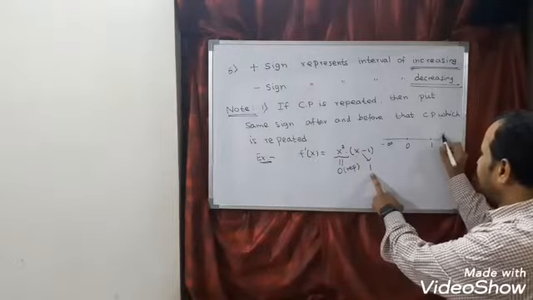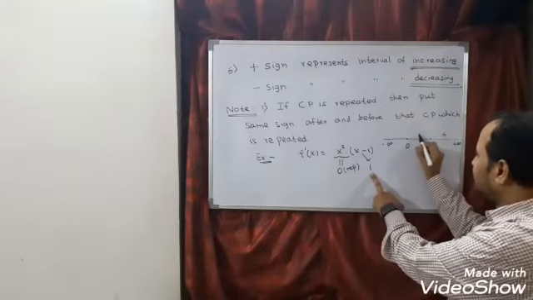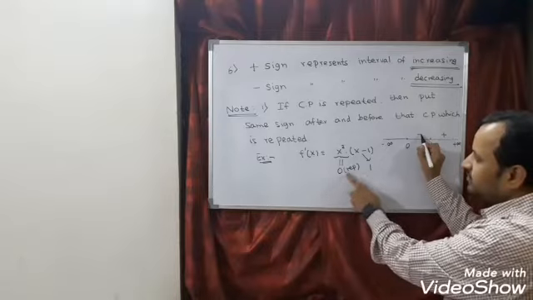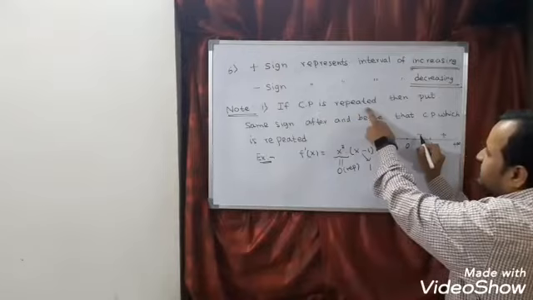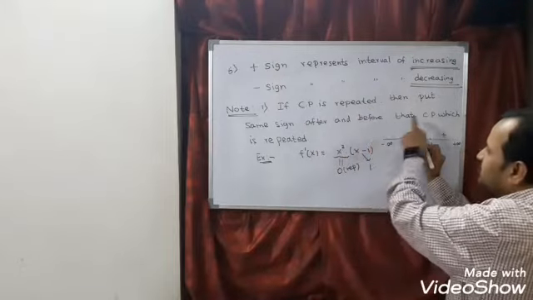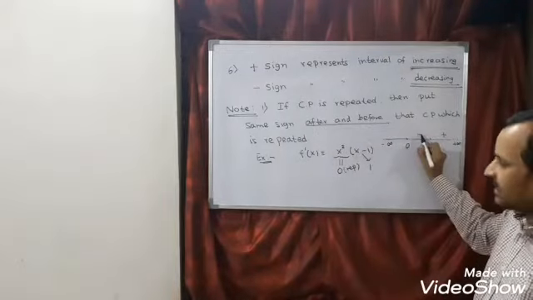Plus. So here plus will come, and here since 1 is not repeated, alternate sign will come. Now 0 is repeated. If 0 is repeated, what the note is saying? If critical point is repeated, then put same sign after and before that critical point which is repeated. So what sign we are having here?